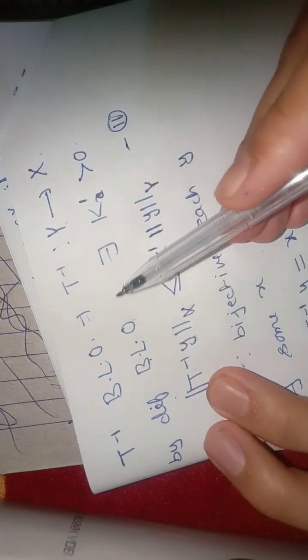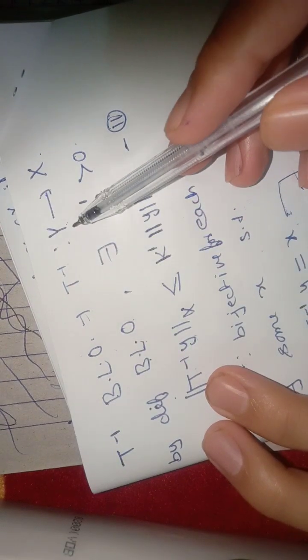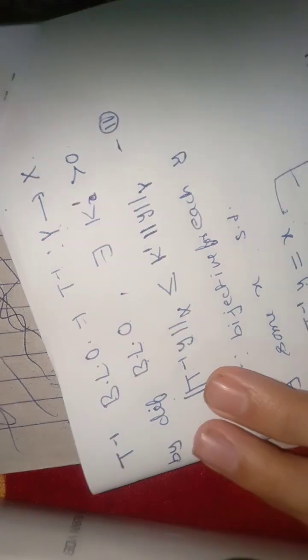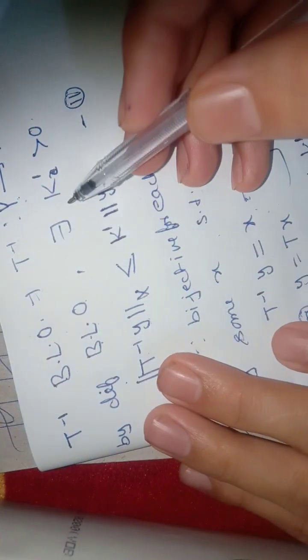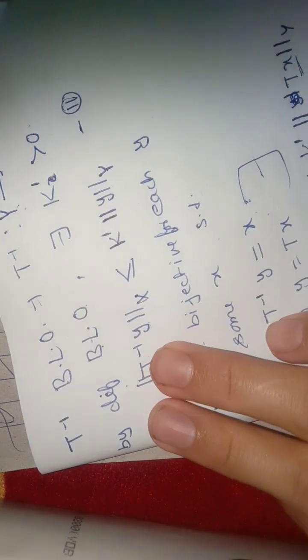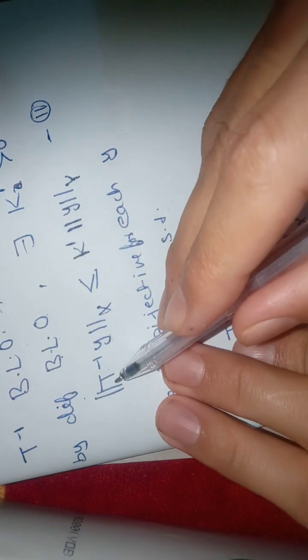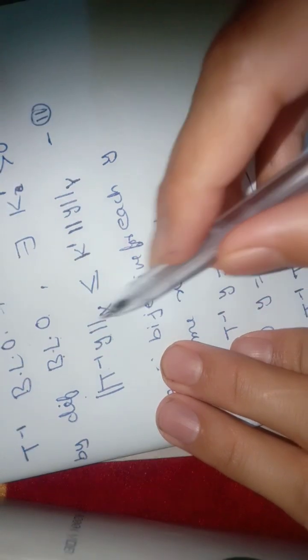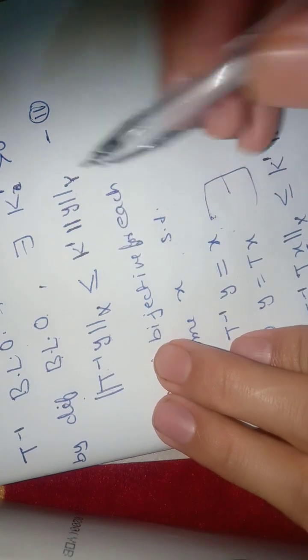So since T inverse is a bounded linear operator, T inverse: Y into X is a linear operator, then by definition there exists some positive real number k dash, greater than or equal to 0, such that norm T inverse y is less than or equal to k dash norm y.